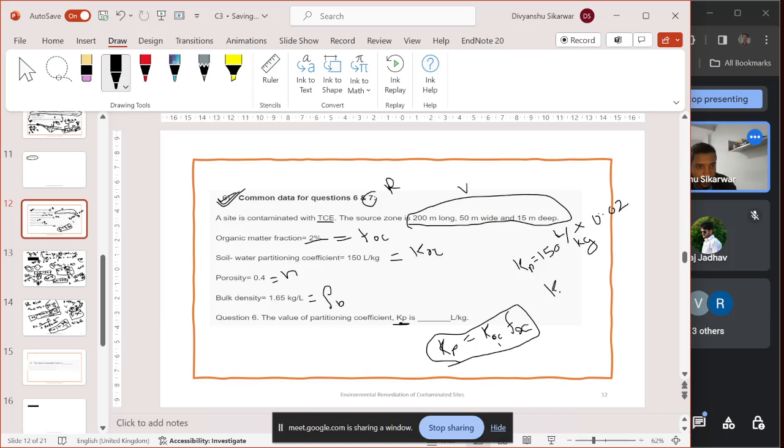What will be the Kp value? Can someone solve? Can someone tell the Kp value? The Kp value will be 3 liters per kg.